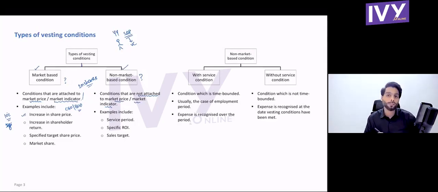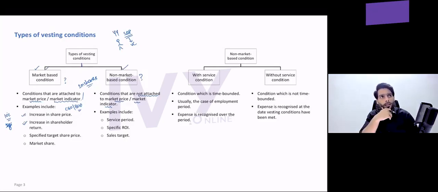Another example can be an increase in shareholder return. For example, if you see Dragon's Den, or Shark Tank, these video shows, you must have seen in certain shows that the angel investors invest in a company, and they give the directors a certain target, and based on that they are basically remunerated.